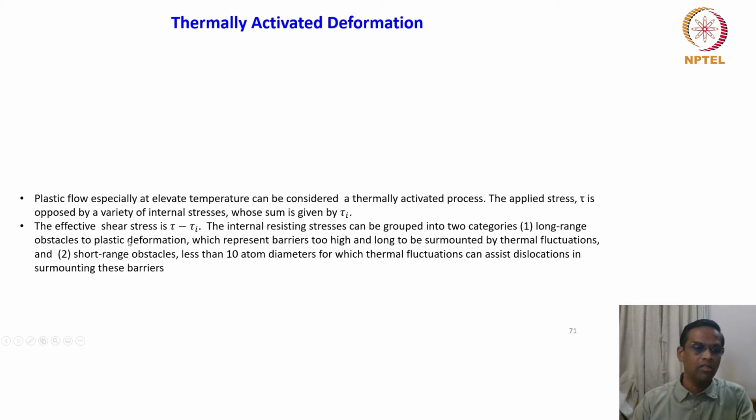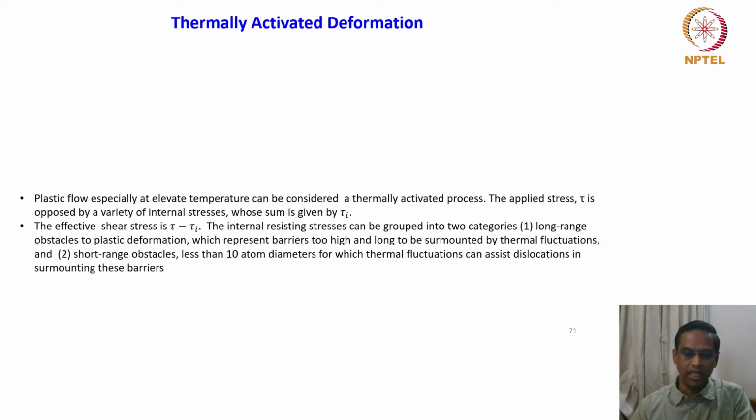One is long range obstacles to plastic deformation, which represents barriers too high and long to be surmounted by thermal fluctuation. And second, short range obstacles less than 10 atoms diameter, for which thermal fluctuations can assist dislocations in surmounting these barriers. We have to understand these two classifications before we discuss further.